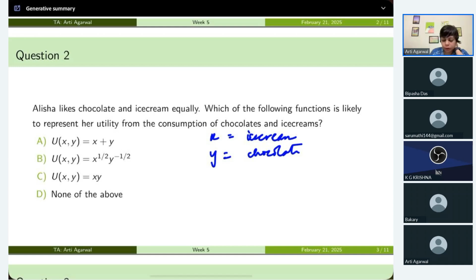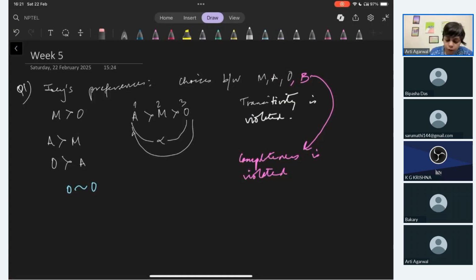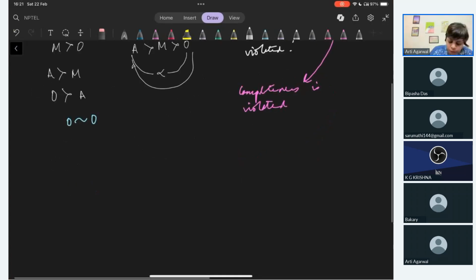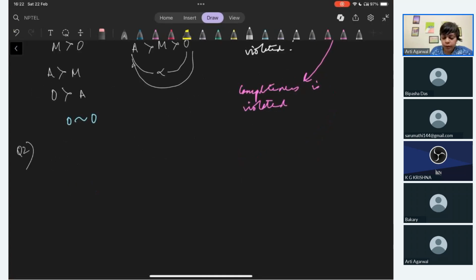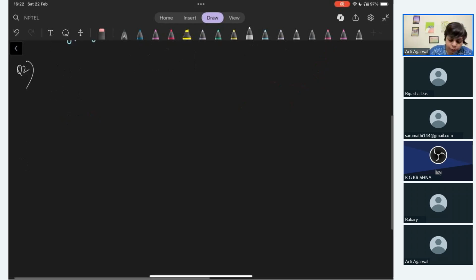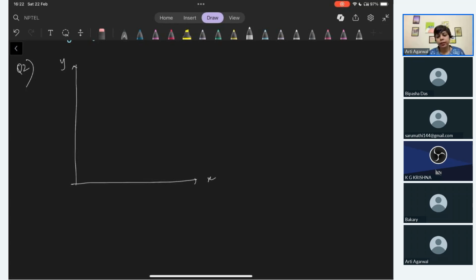So let's look at the logic for this type of question. When we say she likes both the goods equally, what we are saying is that she will be willing to give up an epsilon amount of x to gain an epsilon amount of y without any change in her utility.